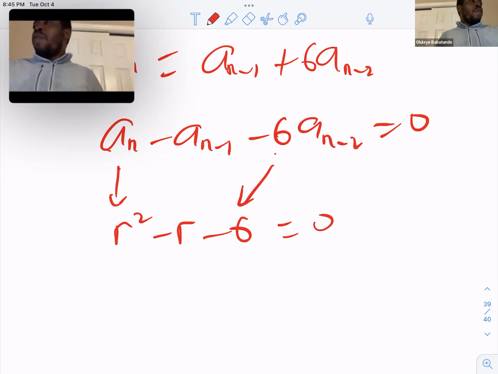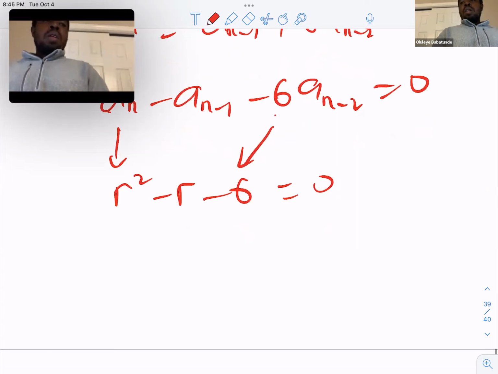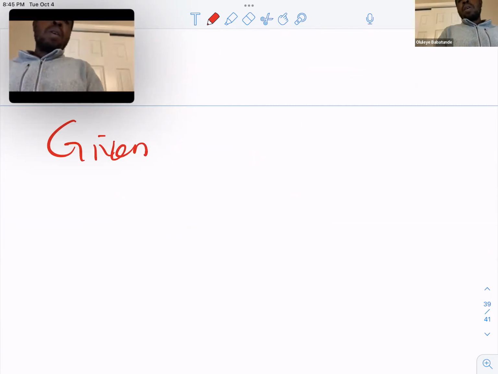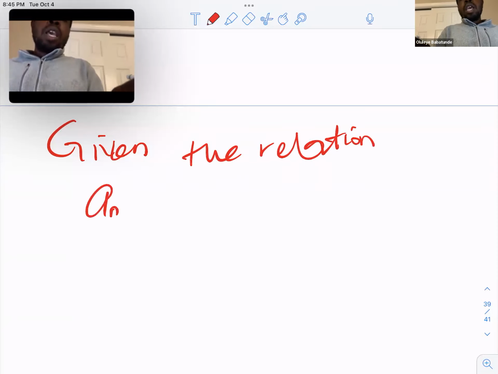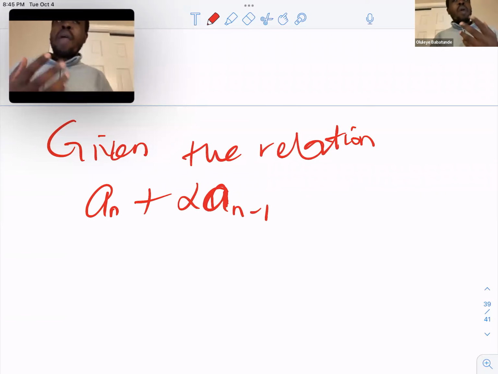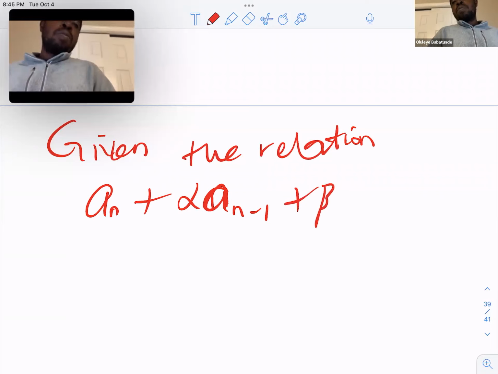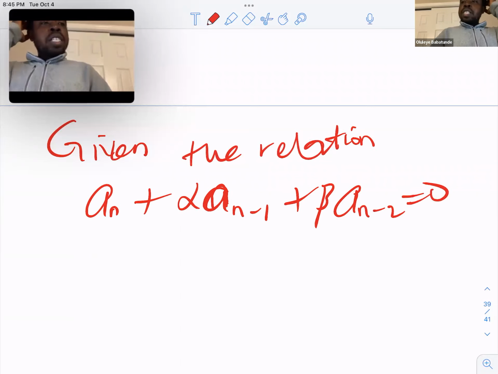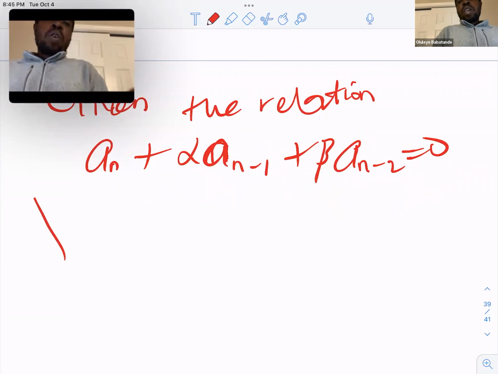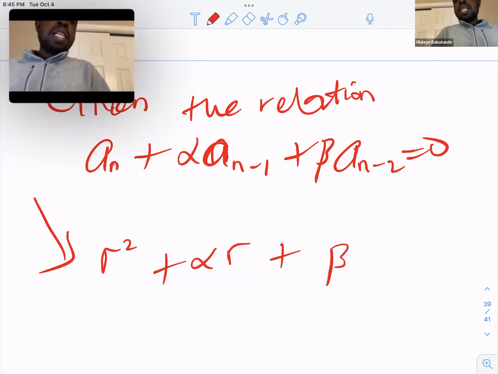Okay, now, the formula says, given the relation a_n plus alpha a_(n-1) plus beta a_(n-2) equals 0, where alpha is just a coefficient of the terms, this will give you the following characteristic equation: r squared plus alpha r plus beta equals 0.